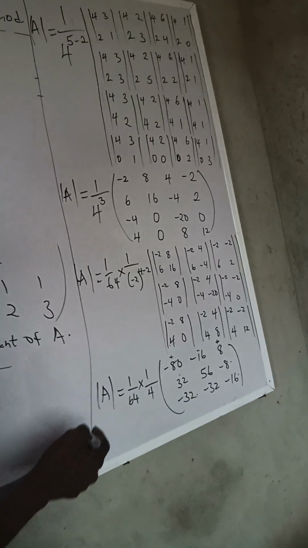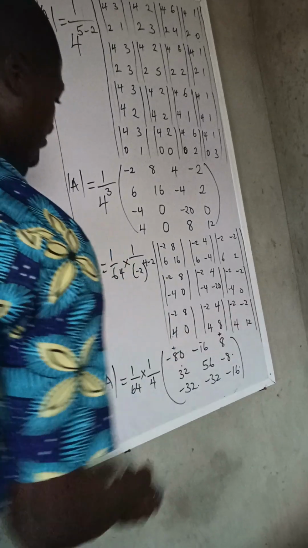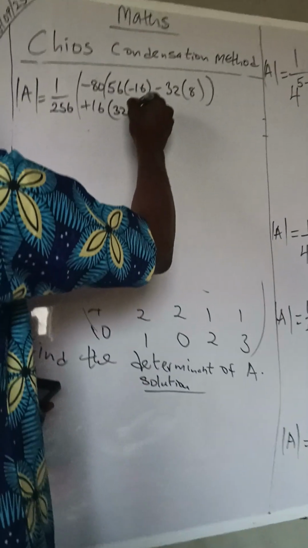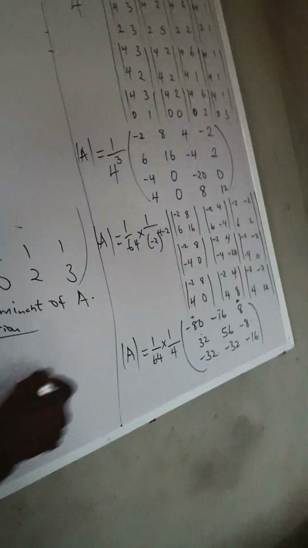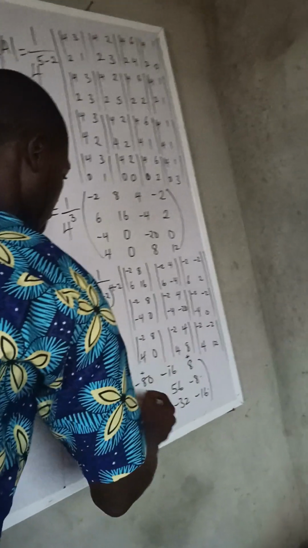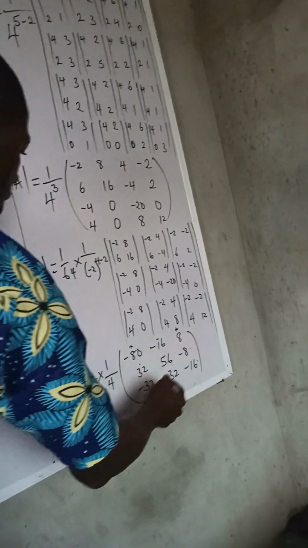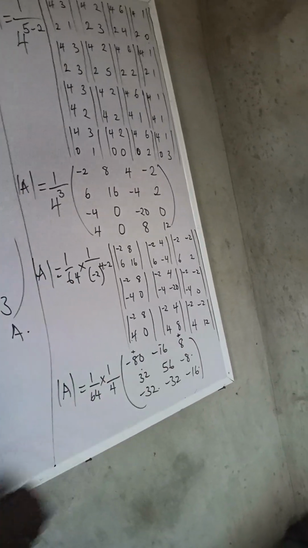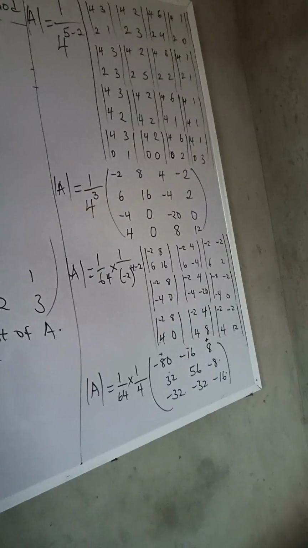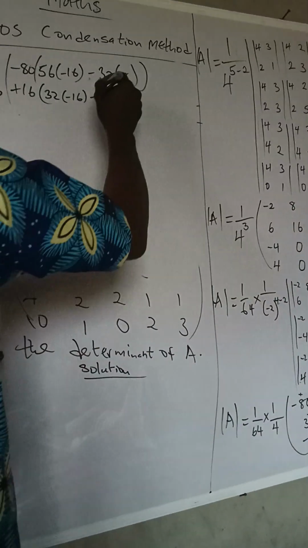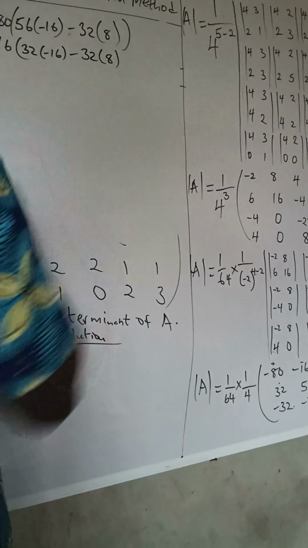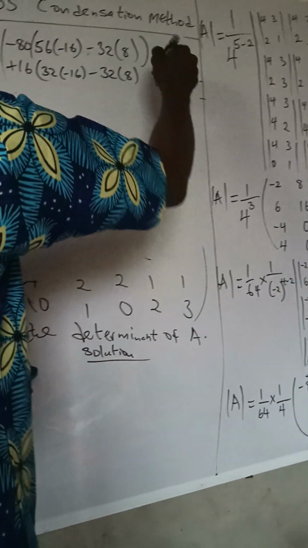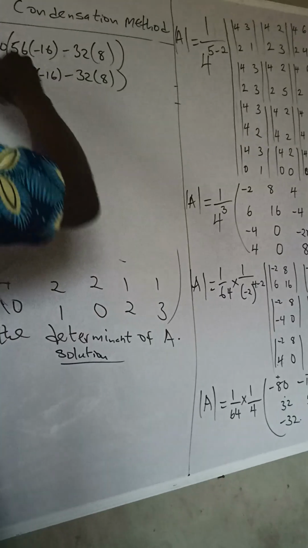Such that we can say that we have 32 into minus 16, minus, you cover it, you have 32 into minus 16, and then what? Minus 8 times minus 32 is still going to give us what? 32 times 8. So we have 32 into 8. Okay. Cover it up.